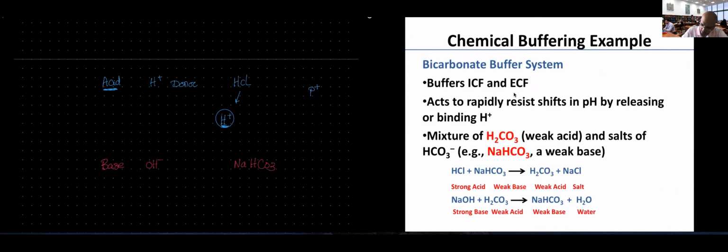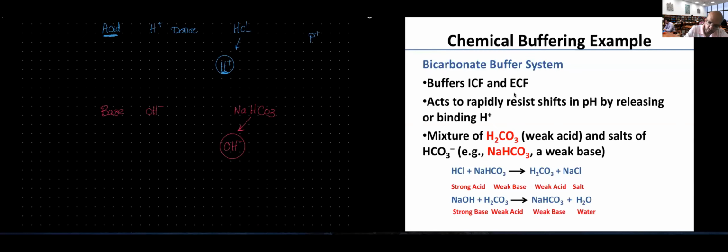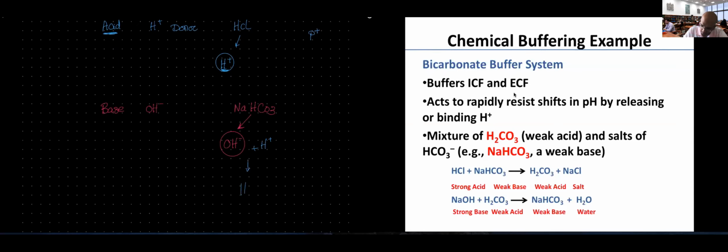Looking here, when it dissociates in water, it's going to be forming a hydroxyl group that is willing to bind to a proton to form water.